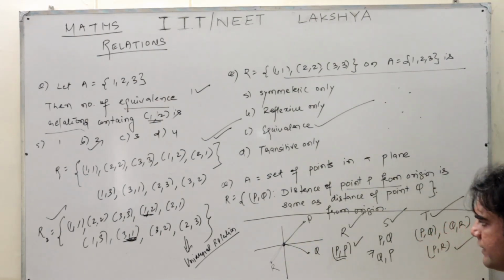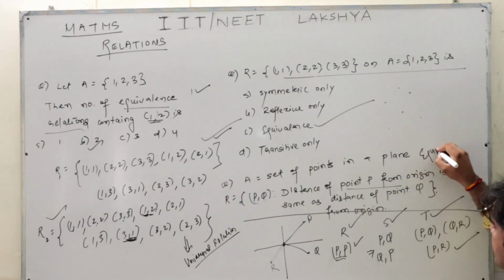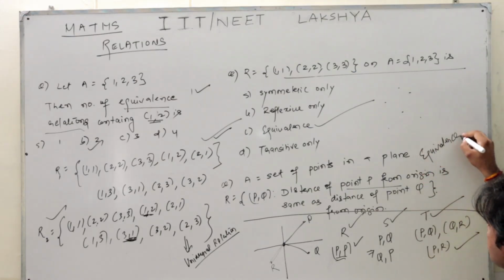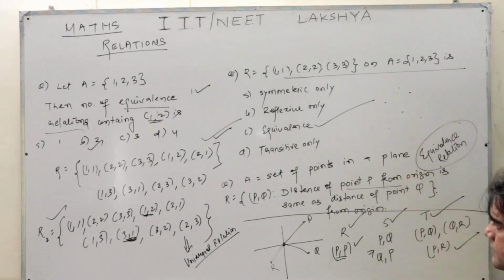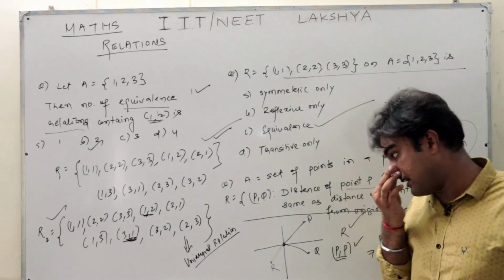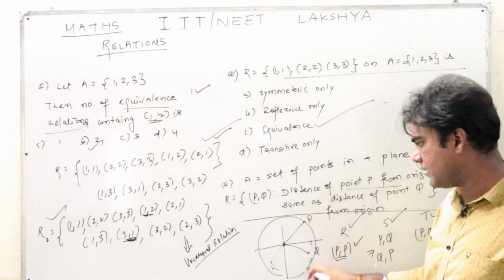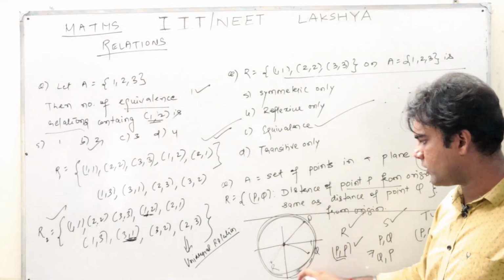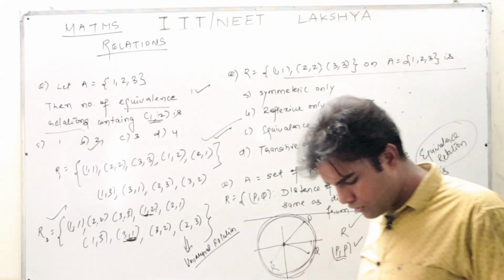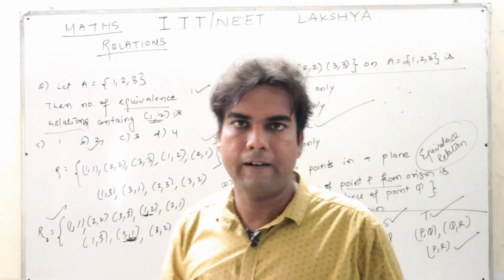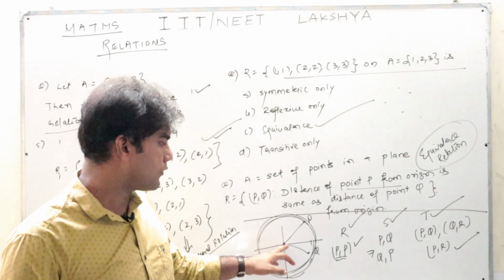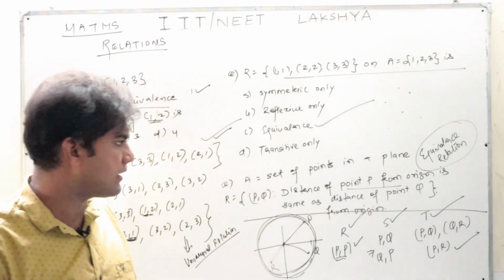Basically, if you see carefully, this is your equivalence relation. And I hope you have understood that the collection of all these points is nothing but a circle. All these points are basically falling on a circle. The locus of all such points is a circle. And the distance was from the origin, which is the center of the circle they were talking about.